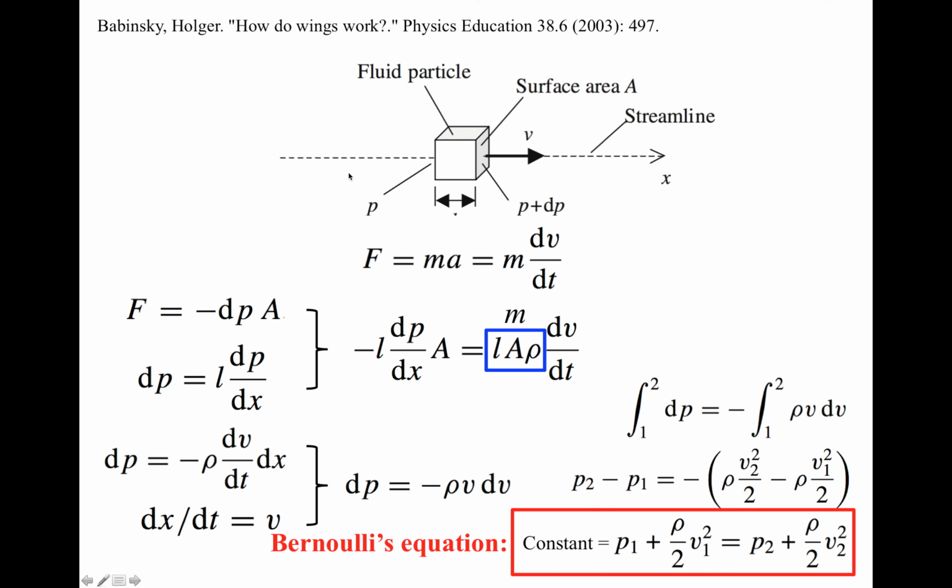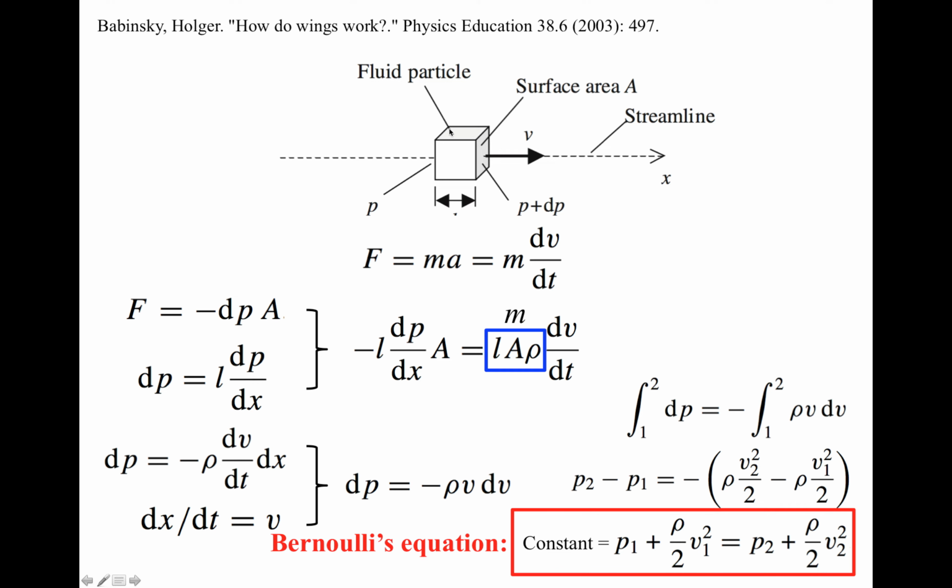Now, once we have some basic concept about the streamline, let's consider a cubic fluid particle, a very, very small cubic fluid particle located on this streamline, that flows along this particular streamline.